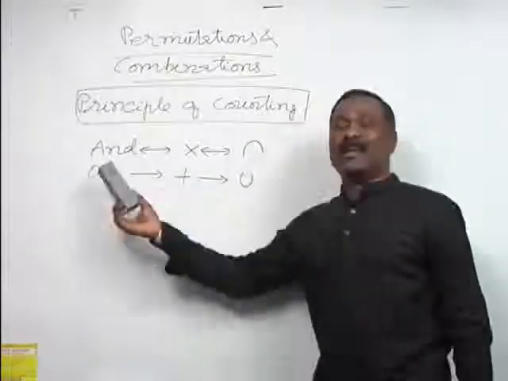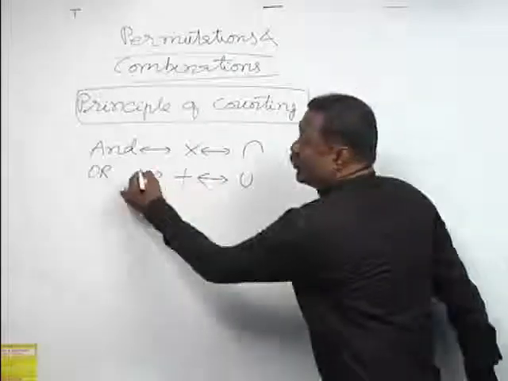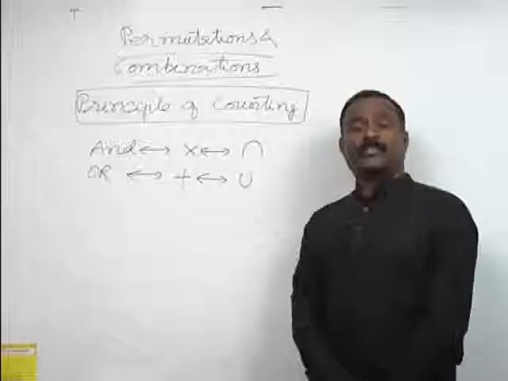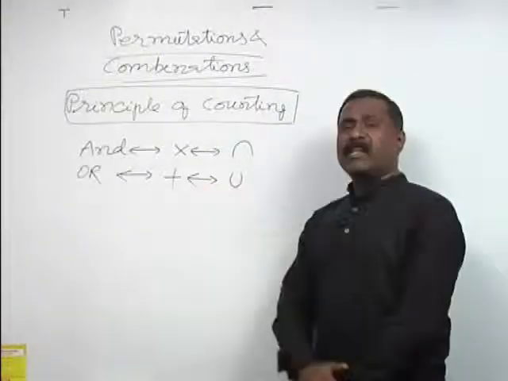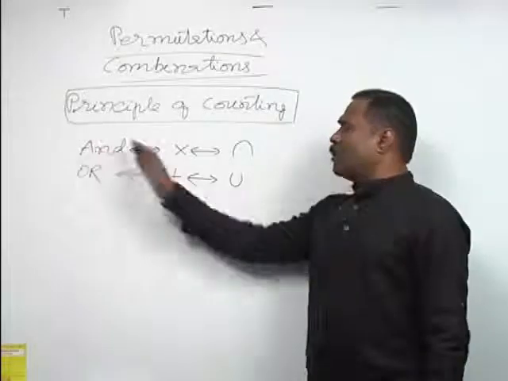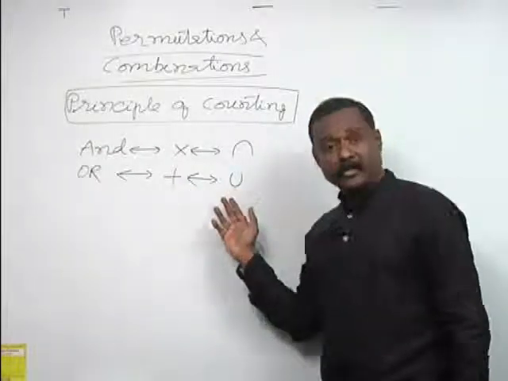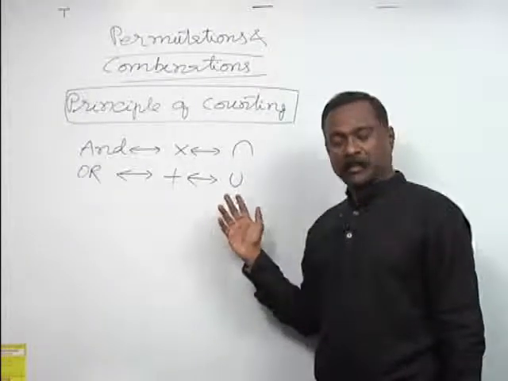This plus is nothing but "or". So no confusion while solving the problems about where to use multiplication and where to use addition, simply based on this. So "and" is into, intersection; "or" is plus, union. This is a very important point to be noted while working out the problems.